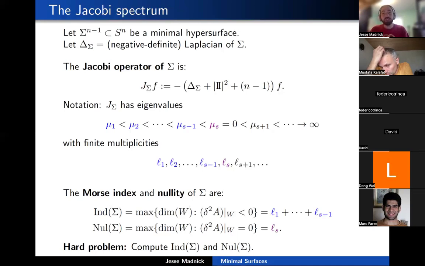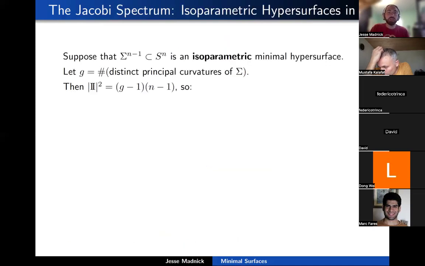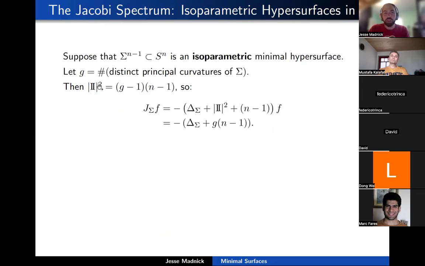Okay, but maybe you can do this in a special case. Maybe if sigma is isoparametric, there's more hope. And in fact, when sigma is isoparametric, the situation really simplifies. It simplifies because this 0th order operator is now just a constant. So the 0th order term is a constant times the identity, if you like. So the Jacobi operator simplifies.